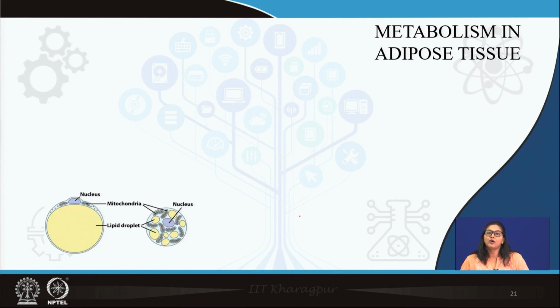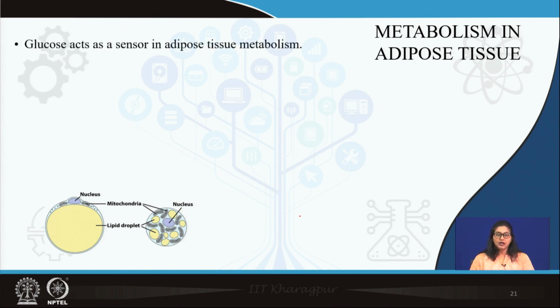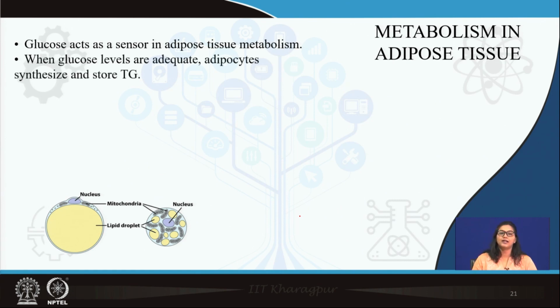Now comes metabolism in adipose tissue. Now remember, we consider adipose tissue as the storage of energy in our body, and here glucose acts as the sensor for what type of metabolism should be there.